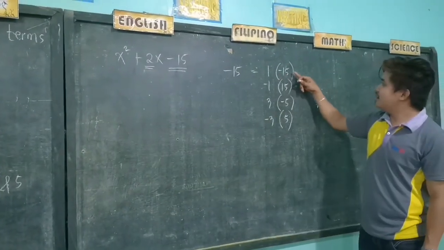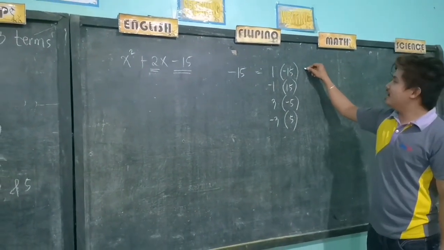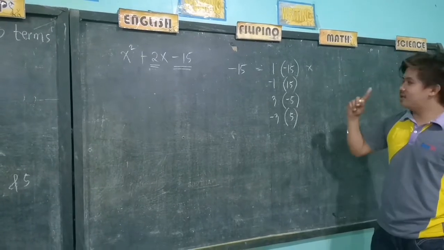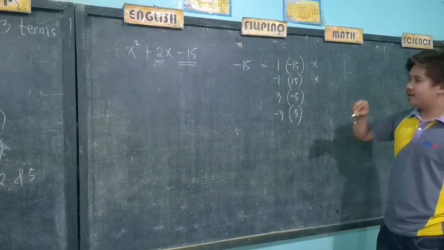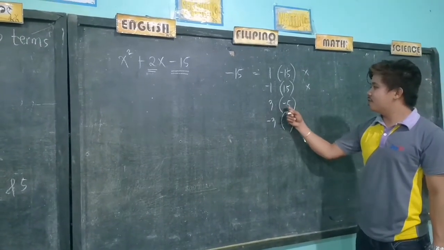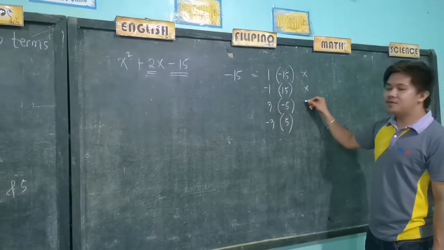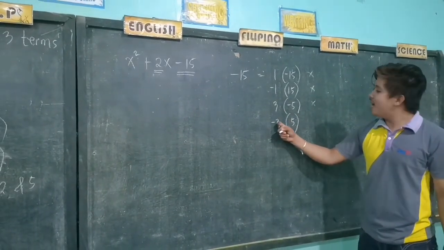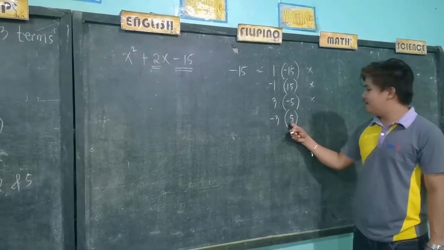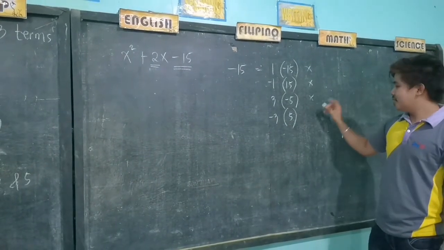This one, no, this is negative 14. So not 2. This is positive 14. Not this. The sum of these numbers is negative 2. Not this. How about this one? Negative 3 and 5. Their sum is 2.